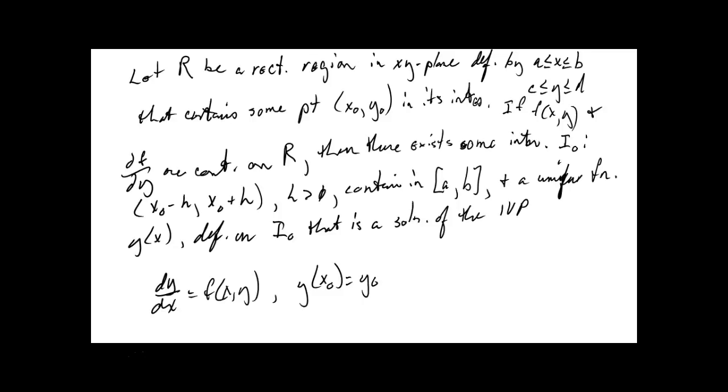Now, I don't know if you remember your partials well enough to know what it means for that to be continuous. That means, of course, that the partial with respect to y has to be a continuous function in that interval R. Okay?